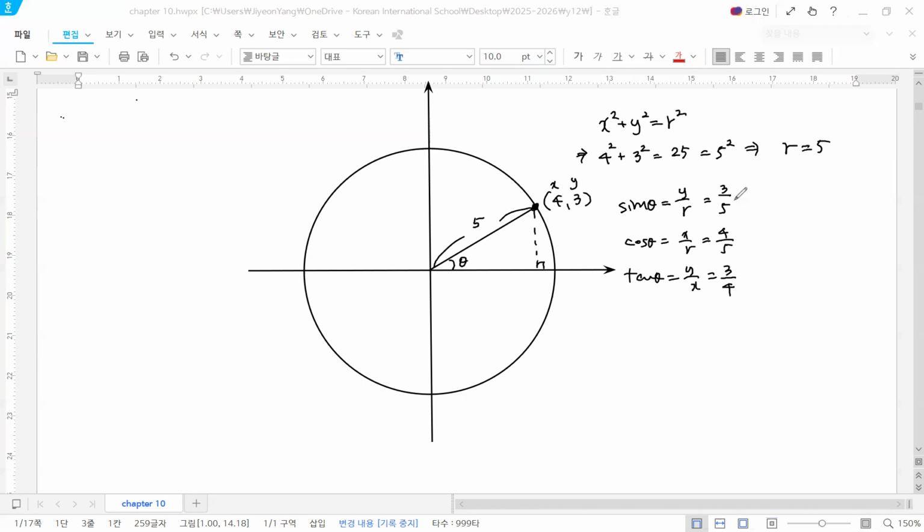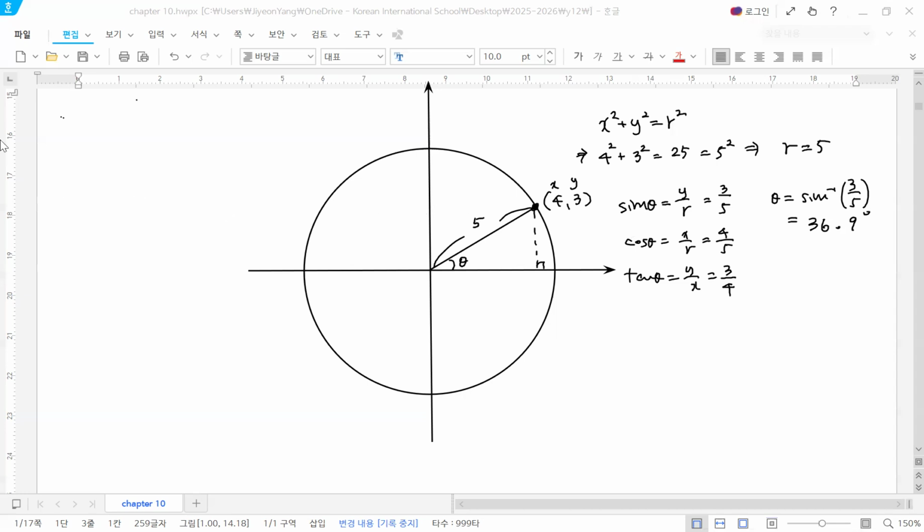And of course, you can find the size of theta because theta equals sine inverse 3 over 5. Let me use my calculator. So this angle is actually 36.9 degrees.